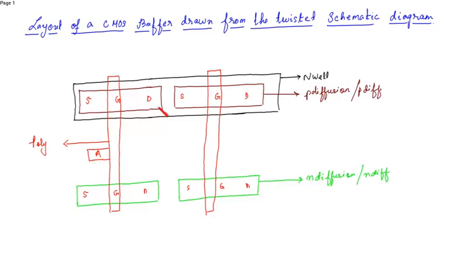Now the source of the PMOS is connected to VDD. The source of the NMOS is connected to ground.